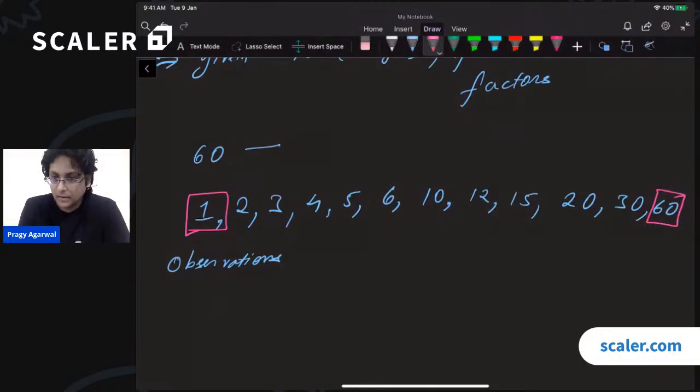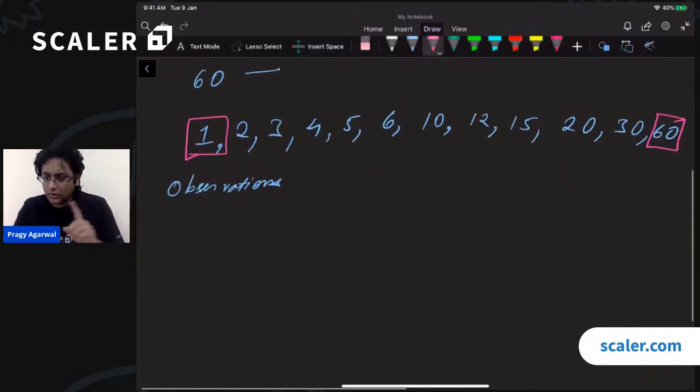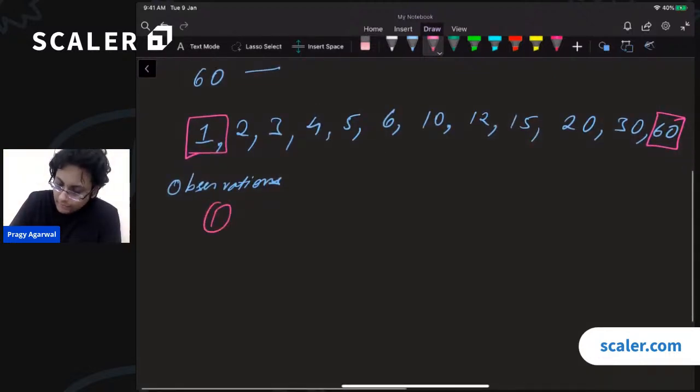Do you agree? Well, 1 divides every single number. And if you have a number, let us say n, then that number will divide itself. So that has to be a factor. What else do we notice over here? Is there any other pattern that we notice over here? Yes? So we notice one more thing. The first thing is that 1 and n are divisors of n.